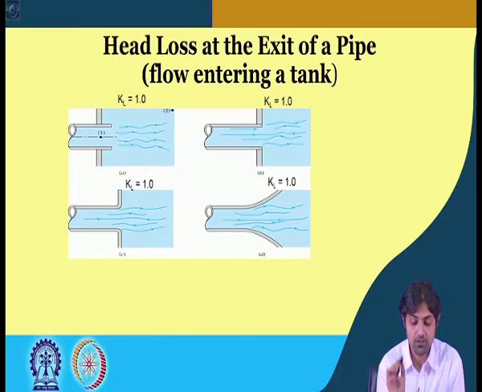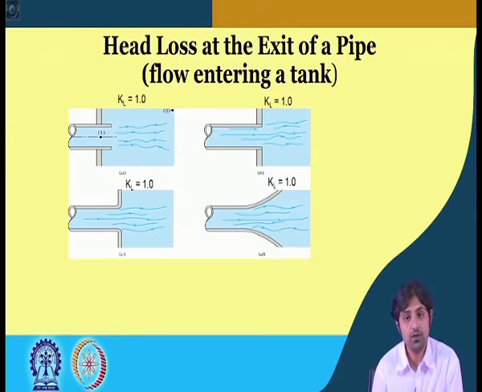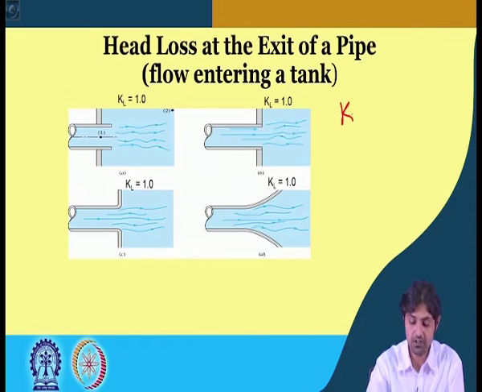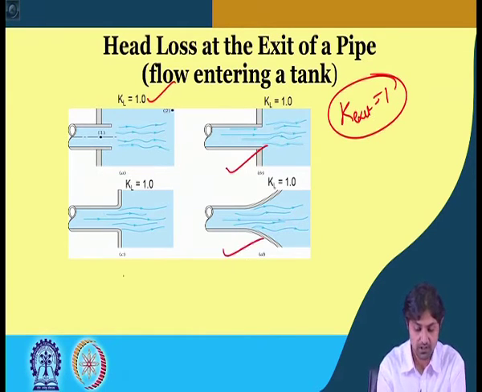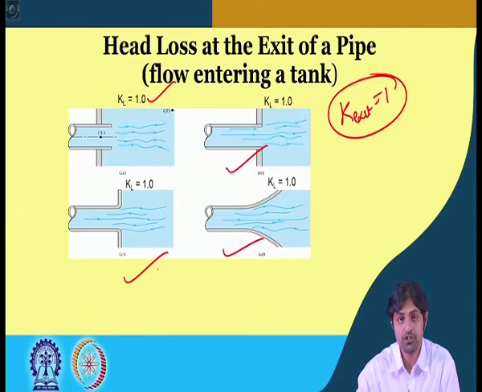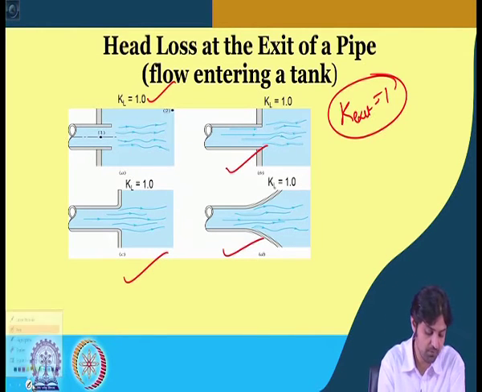Okay, when the pipe is terminating in the reservoir, what is going to happen? Whole velocity, because the reservoir is so big, everything is going to be lost, right? So K exit is always going to be 1, remember that. You see, whatever this thing is, KL is always going to be 1.0. Very easy to remember.